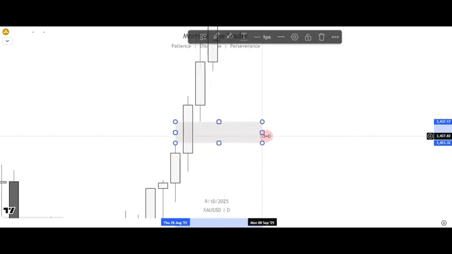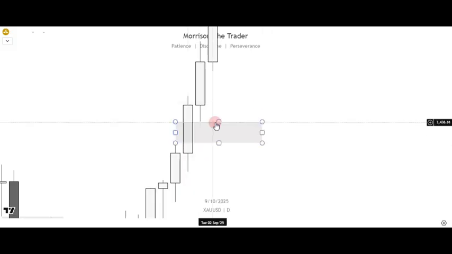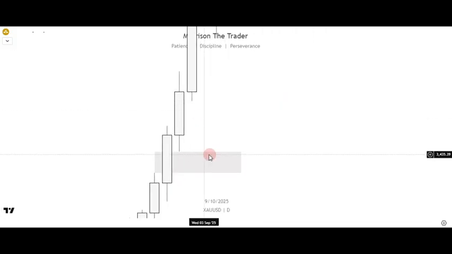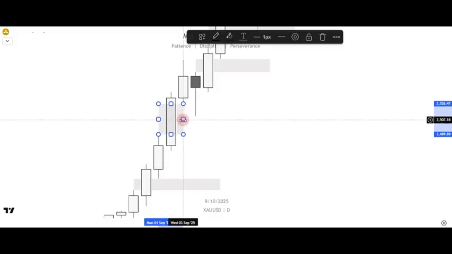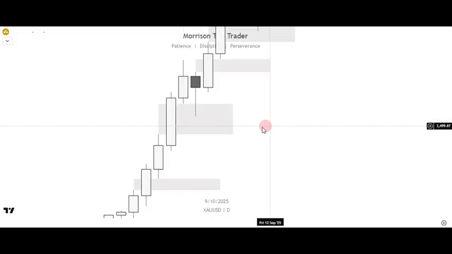You extend it, right? So when we extend it, when price comes back to this level with further confirmations, you expect it to do what? To move higher. Okay, so that is how you mark a fair value gap. Let's try again. The high of this candle to the low of this candle, extend, and then that's it.